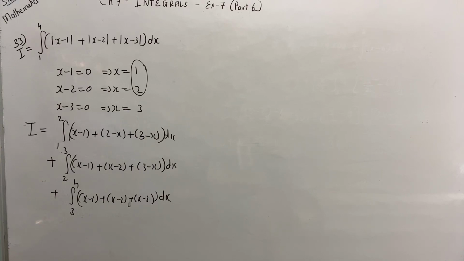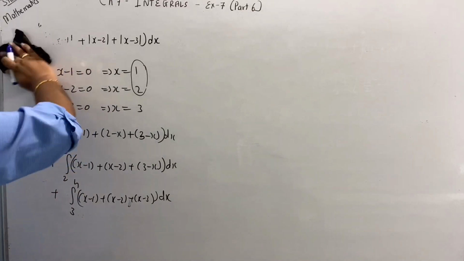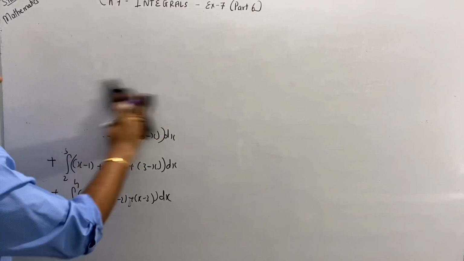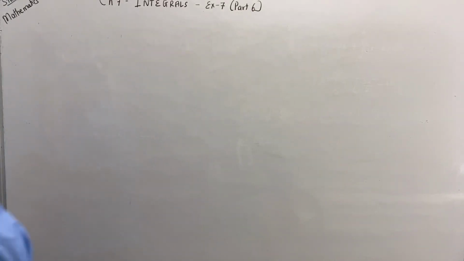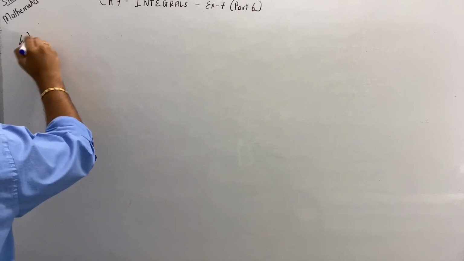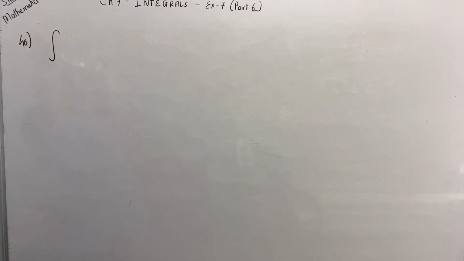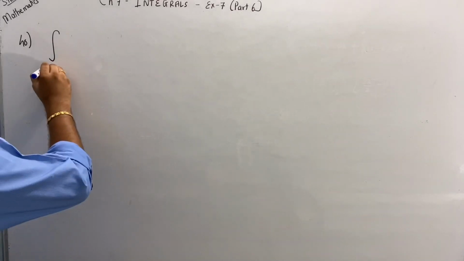Okay, we have completed 34, 35, 36, 37. We have completed all the other sums except question number 40. Okay, so 40, this is the last for this exercise, and here we will complete this chapter. Question number 40 is 0 to 1 e raised to 2 minus 3x.